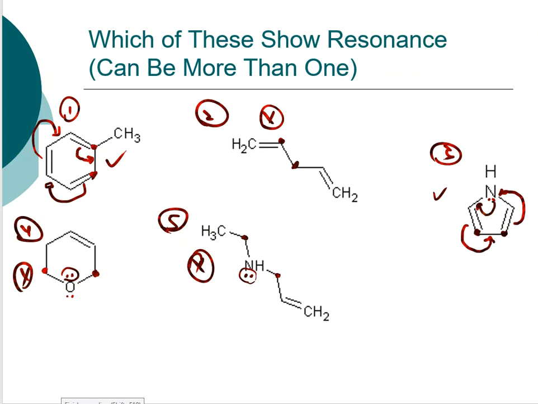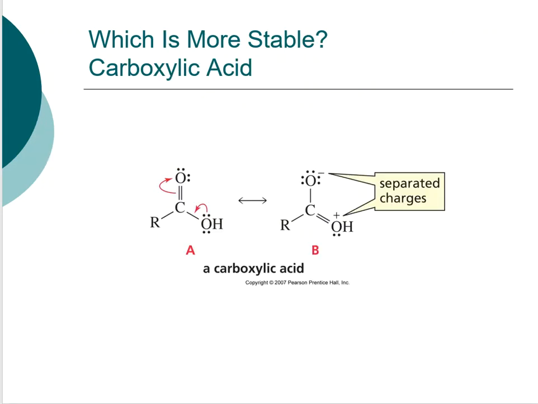Something else I want to leave you with before I stop this video is an idea that we threw out kind of in the last video, and this was about stability. So here is an example of 2 different resonance forms due to delocalization. What you see here is a free set of electrons that move in, and then it's moving in because that carbon is sp2. It has a double bond on it.